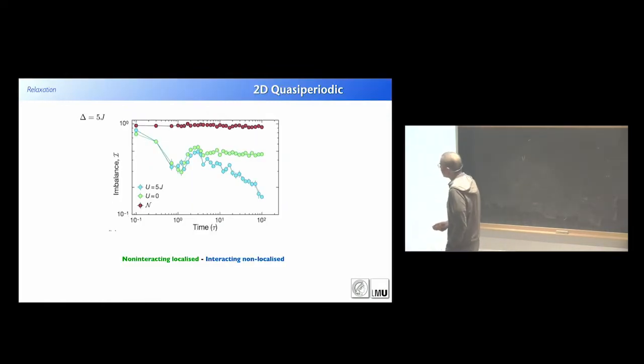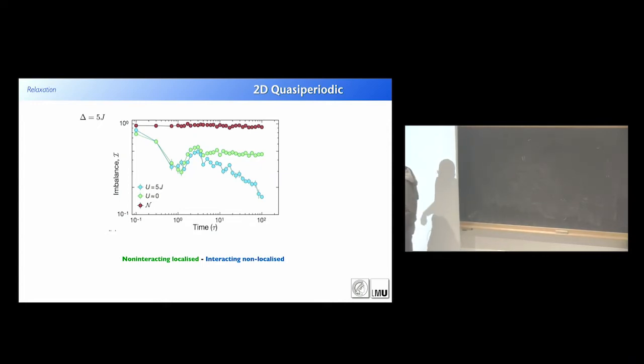Just to show you that interactions really have a huge role on the system, I want to show you some unpublished experiments from 2D quasi-periodic. We take a 2D quasi-periodic potential and put non-interacting particles into it, and we expect Anderson localization, and that manifests itself as a finite imbalance for long evolution times. So there's an initial relaxation of this charge density wave, and then it settles into the localized state.